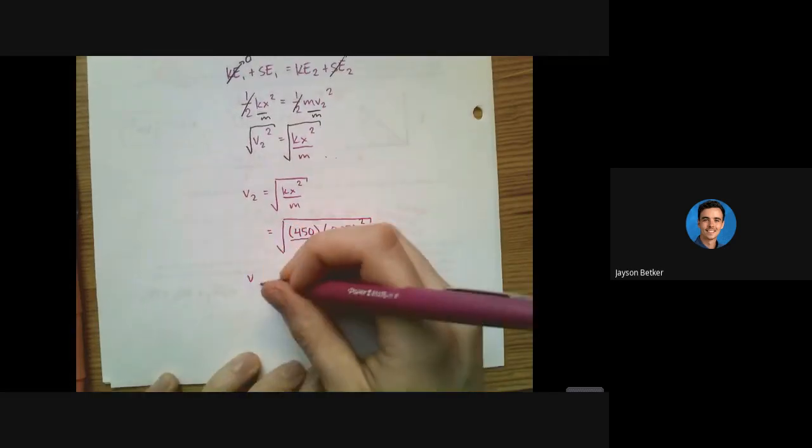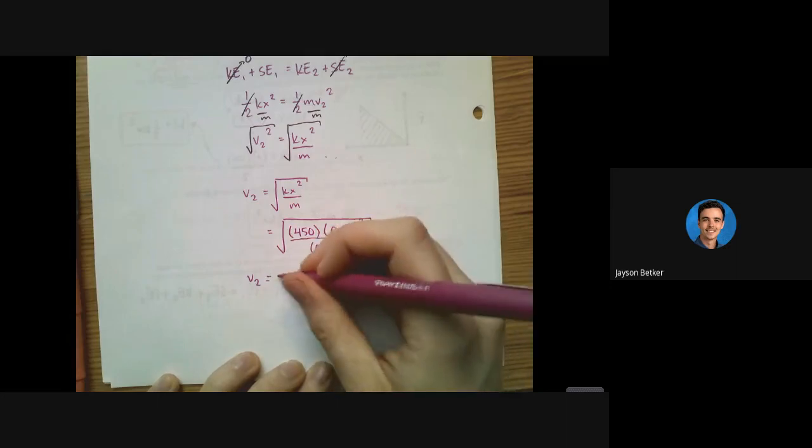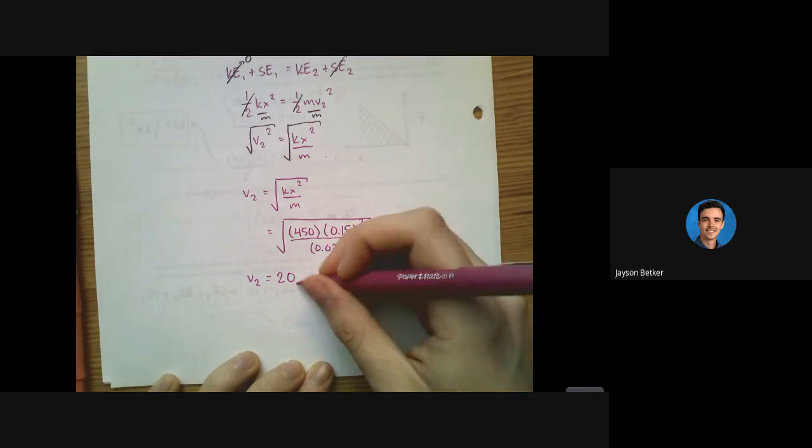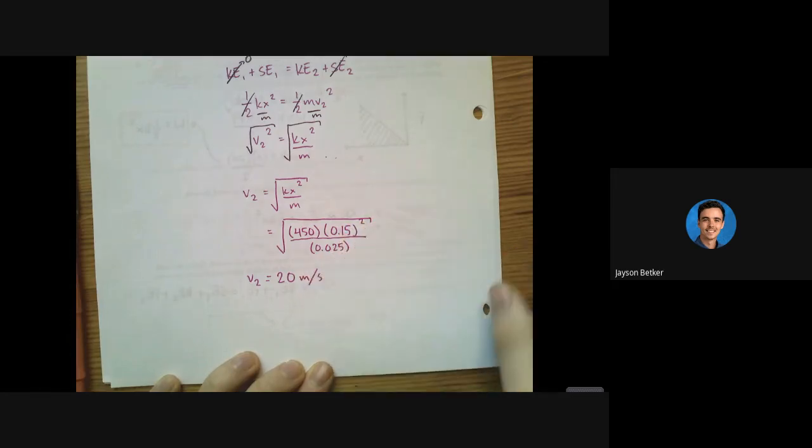And if you do, you should get that v2 is equal to 20 meters per second, I believe. I got my answer sheet here. I'm going to double check. 0.15 squared times 450 divided by 0.025, square root of that is, yeah, 20.1.